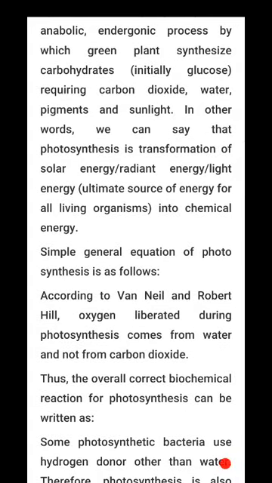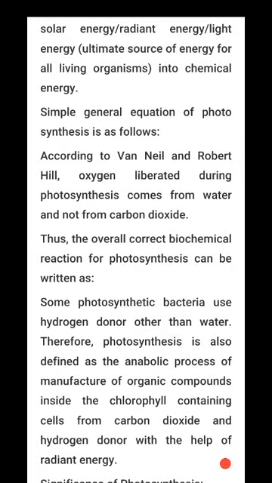According to Van Niel and Robert Hill, the oxygen liberated during photosynthesis comes from water and not from carbon dioxide. So later on, the overall equation of photosynthesis was rearranged and a new equation was given.